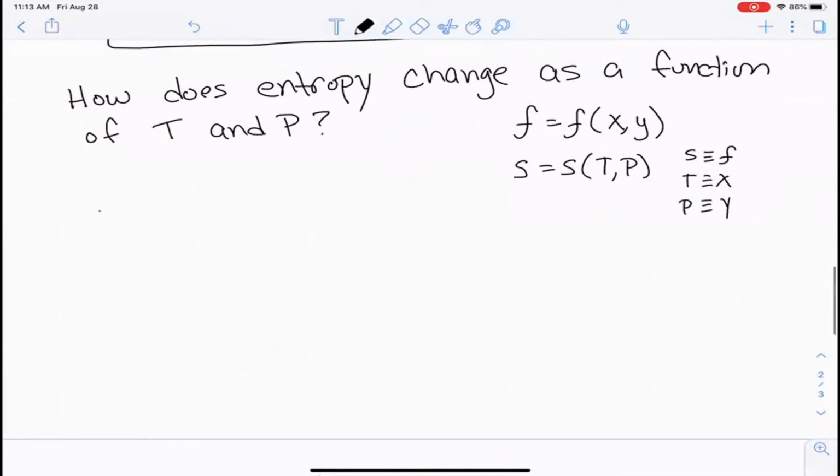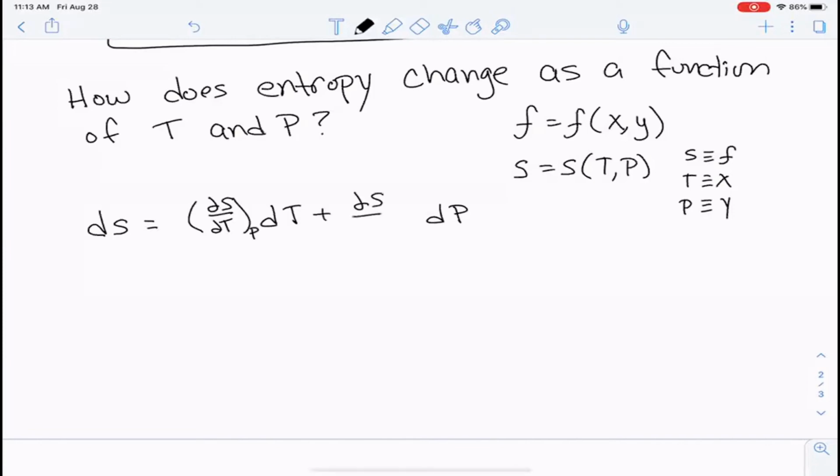And if we apply that, now we have this change in the entropy, which is dS, equal to, if we convert x to T and y to P, we have dT and dP. And then we have a very similar kind of derivative. So we have now dS/dT at constant P plus dS/dP at constant T.